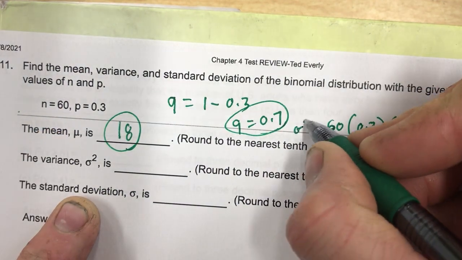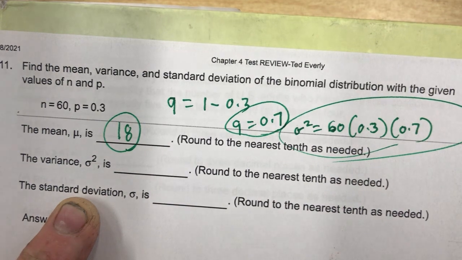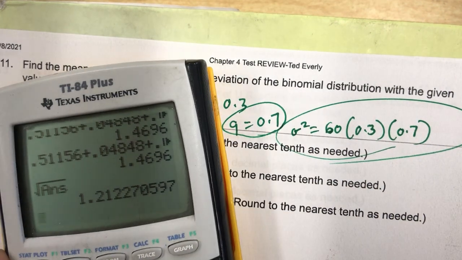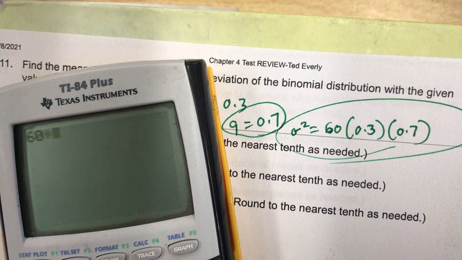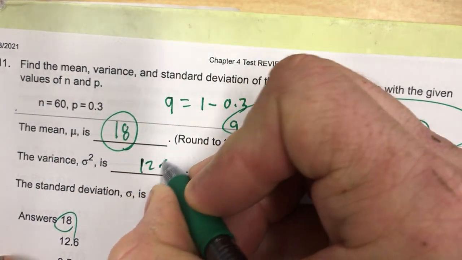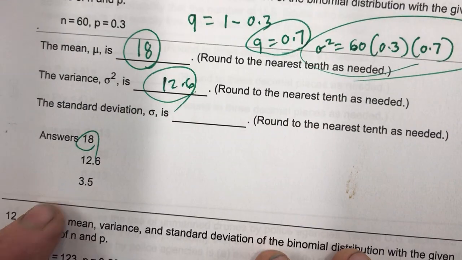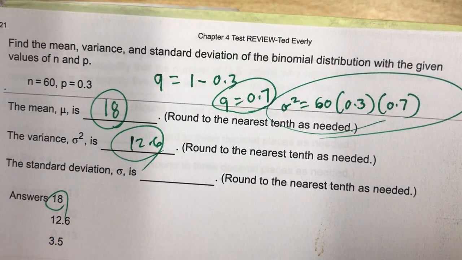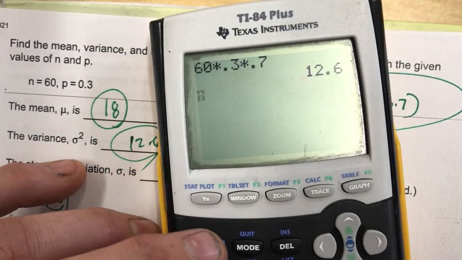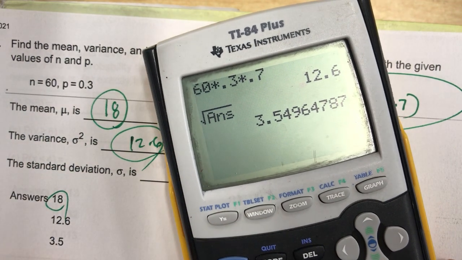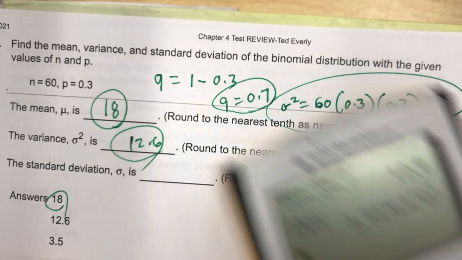This right here is my variance. So let's bring my calculator in. I'm going to do 60 times 0.3 times 0.7, and I get 12.6. That's my variance. And you can see we're in good shape down here. The standard deviation is going to be the square root of that. So I just simply take the square root of that answer, and this is 3.549, which we round to one place, 3.5.